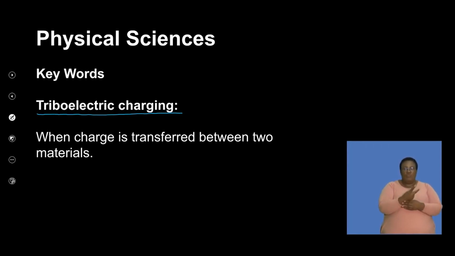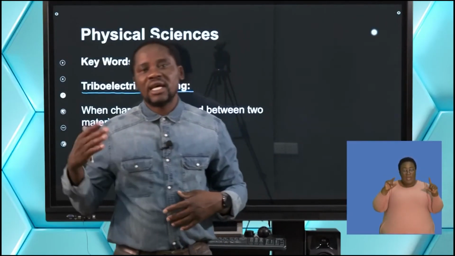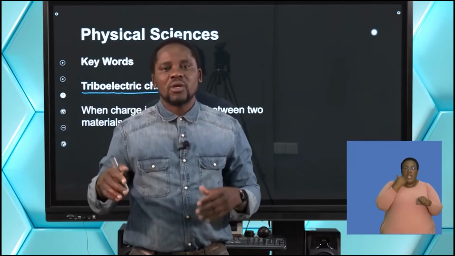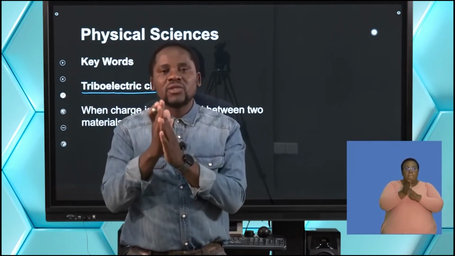So pay careful attention to this term. You may be asked to define what triboelectric charging is. Triboelectric charging essentially has to do with transfer of electrons between two insulators, such that one becomes negatively charged. And again, you need to realize that this is only possible when two materials come into contact.